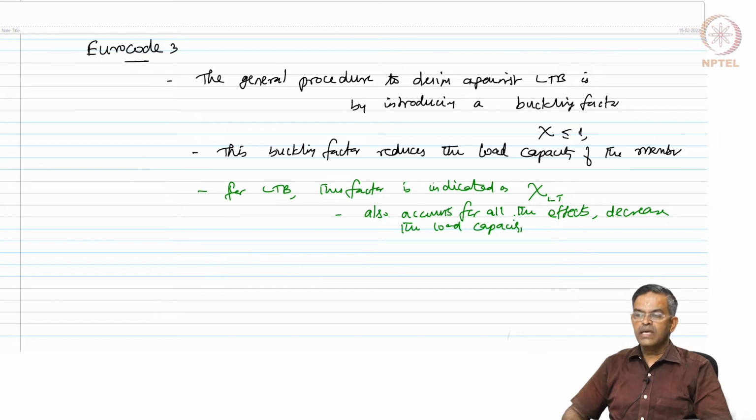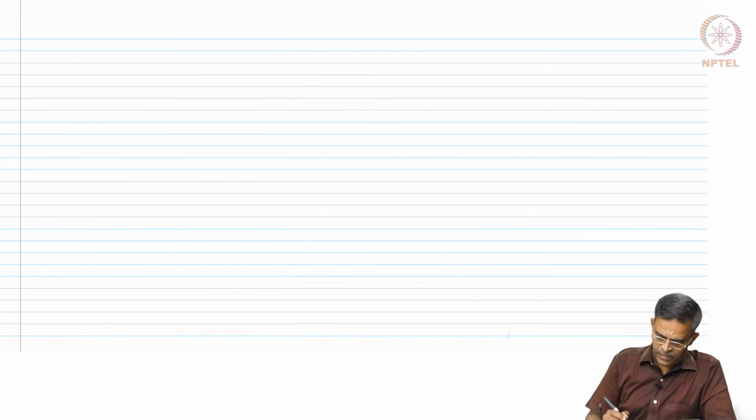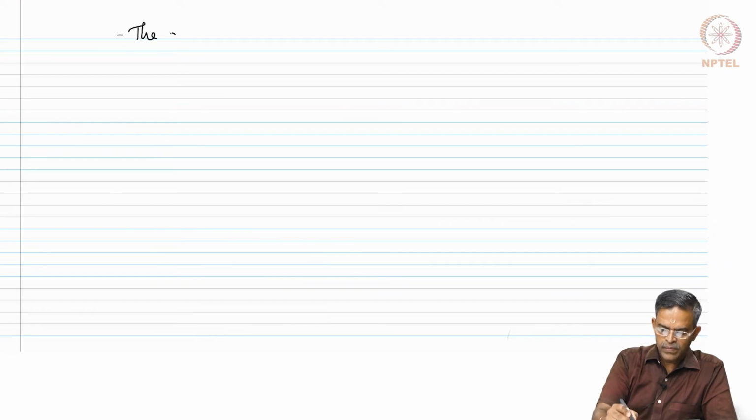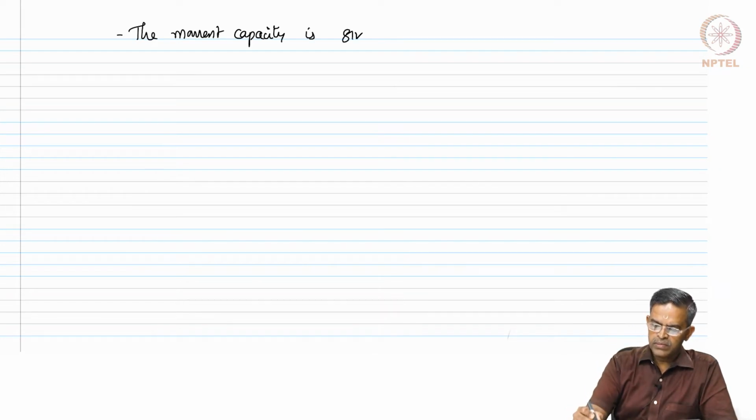So, this factor psi LT will address all those parameters which contribute to a decrease in load capacity or the moment carrying capacity of the member under buckling. Now, the moment capacity is given by the following equation.